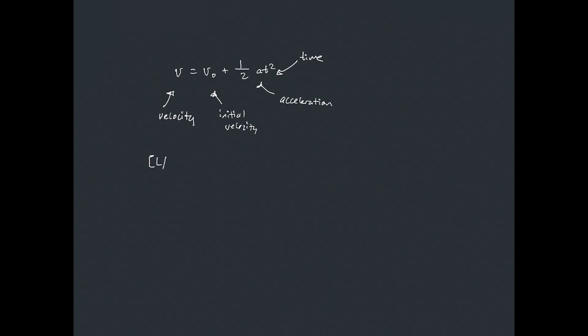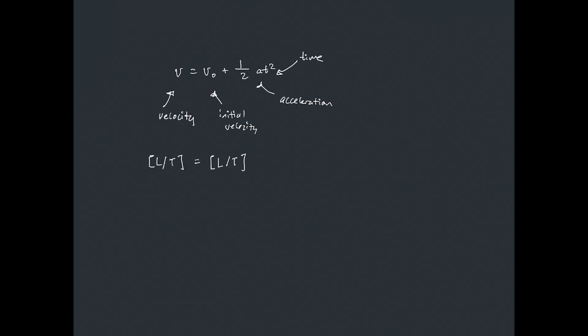Now, remember that we said velocity has the dimension length over time. And we represent it like this. And that is also the same for initial velocity. That's just the velocity at the initial point in time. And then we are adding 1/2, which doesn't even have a dimension, times acceleration.